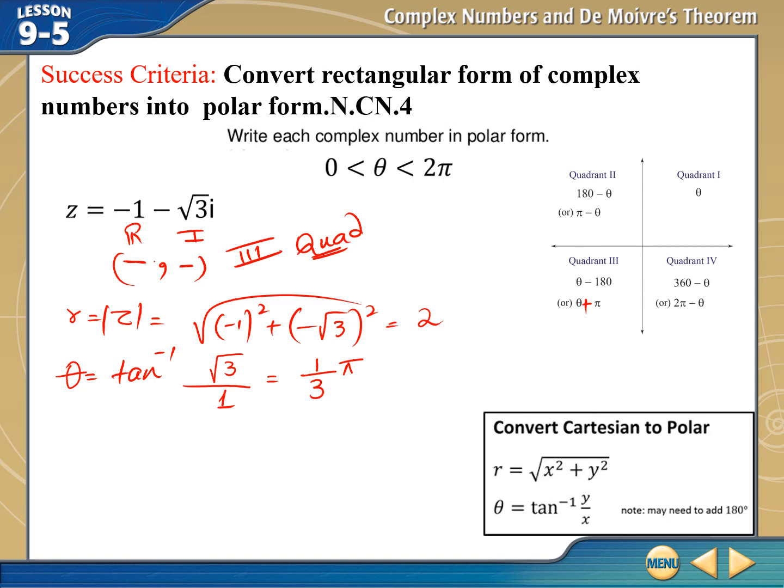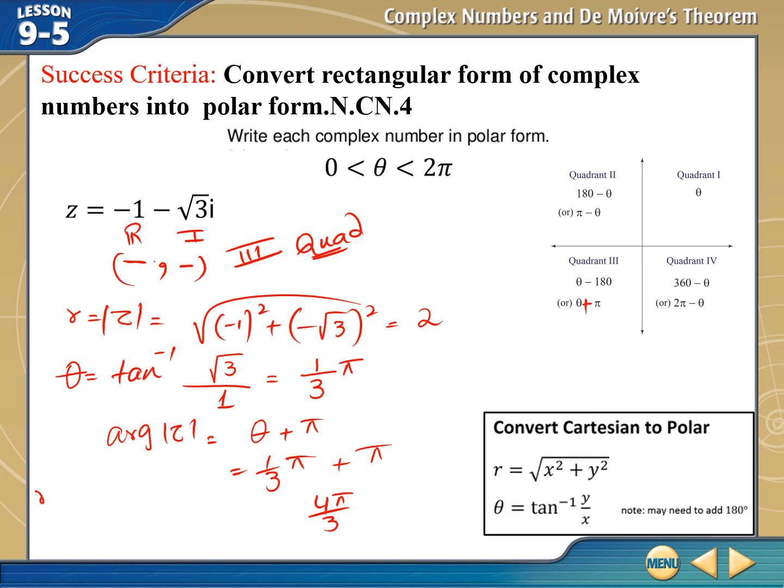You have to jump to the third quadrant. So our argument of z is equal to theta plus pi. Now theta is what we got, that is 1 over 3 pi, plus pi. So we will get here 4 pi over 3. Now write it down in the polar form.